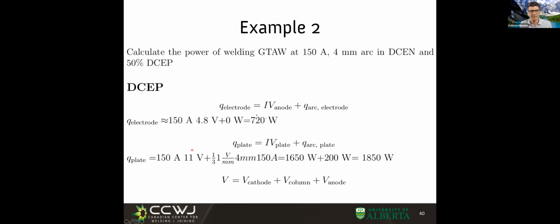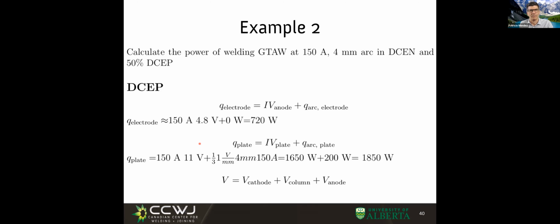Now on the plate, funny enough, the electrode had more power. Does the plate then get less power? If the electrode got more power than before, does the plate get less power than before? And the answer is no. The plate gets even more power. Why?